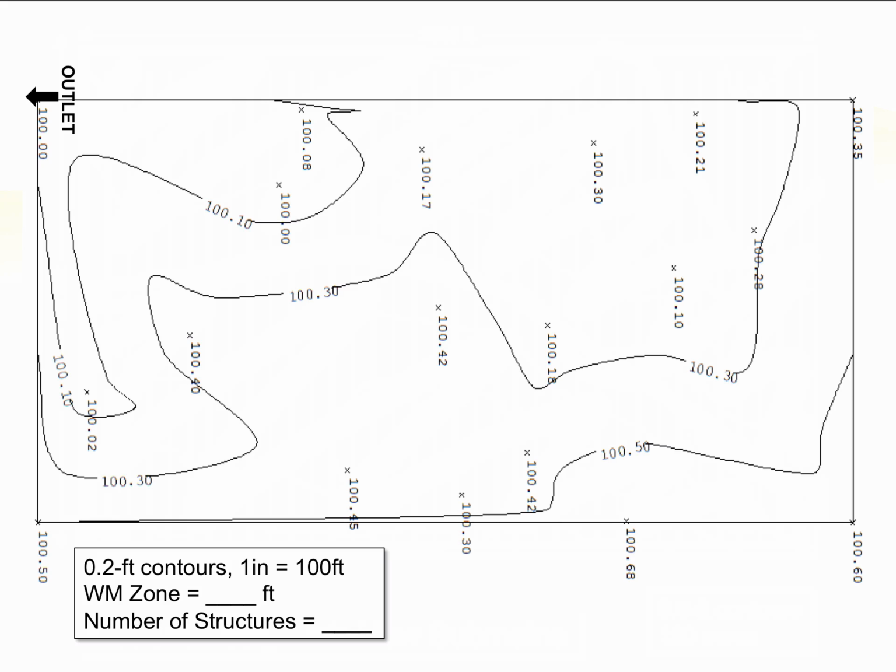So this is an example of that flat as a pancake field, where you could place one structure at the outlet and basically call the whole field your water management zone. And this is as good as it gets when it comes to drainage water management.